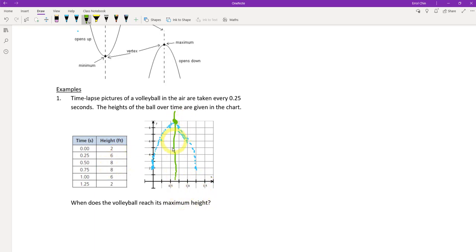But the maximum occurs at the axis of symmetry. Okay, and when is the axis of symmetry? Meaning what time is it? Well, it's going to be somewhere between 0.5 and 0.75. So I'm going to add 0.75 plus 0.5, and then I'm just going to cut it in half because it's going to be right in the middle.